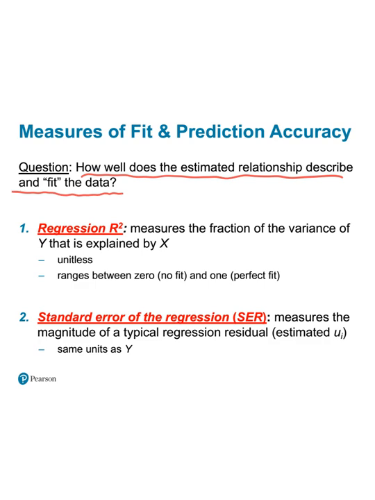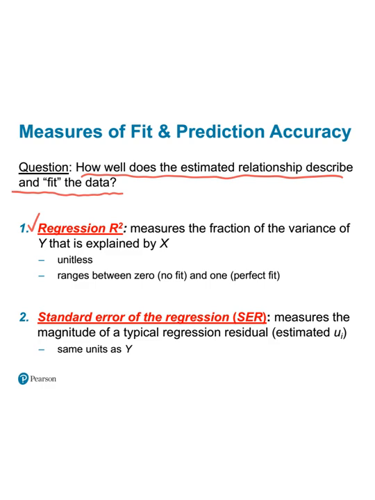Now, number one, let's look at R squared. You probably have come across this in your probability and statistics classes, but this measures statistically the fraction of the variance of y that is explained by x. So to what degree x is going to help predict y. That'll help give us some idea as to the fit of our model.